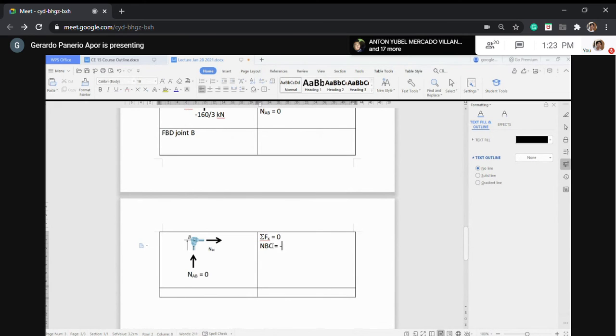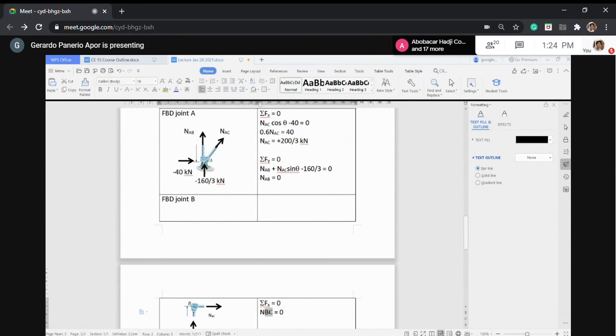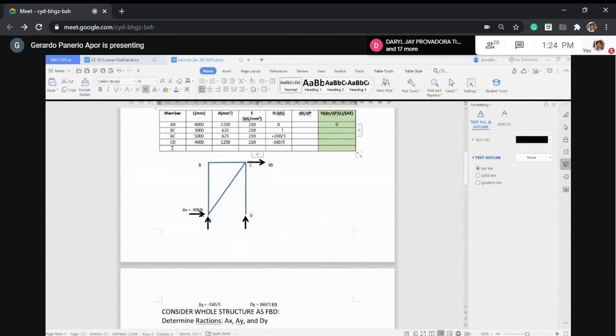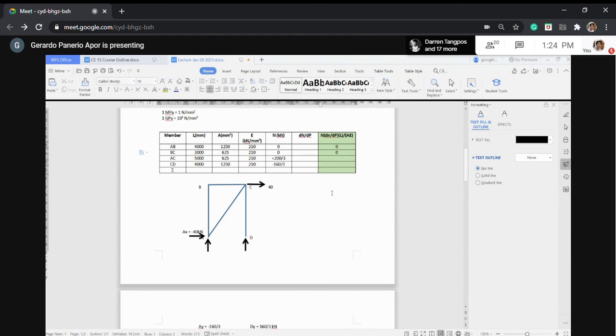There is no load, so it is zero also. So you have 0 here, and anything multiplied by it is zero. Whatever the value, even 1 million, the product of N and dN/dP is still zero. So it's useless to put it in there.